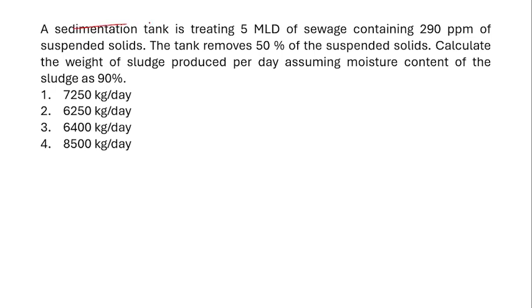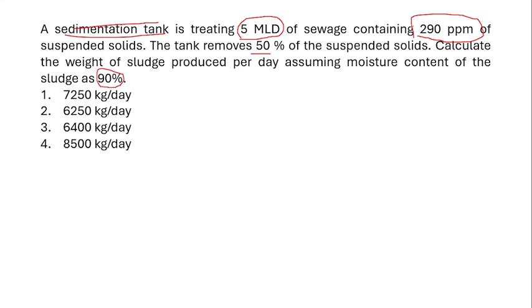So here, in a sedimentation tank, the rate of sewage water getting treated is 5 MLD, and this sewage water contains 290 ppm of suspended solids. The tank is going to remove only 50% of the suspended solids, and we need to calculate how much sludge is produced per day, assuming the moisture content of the sludge is 90%.